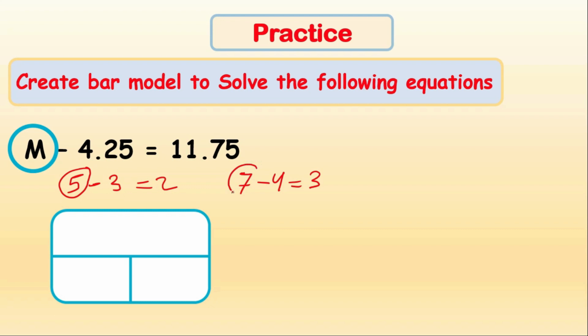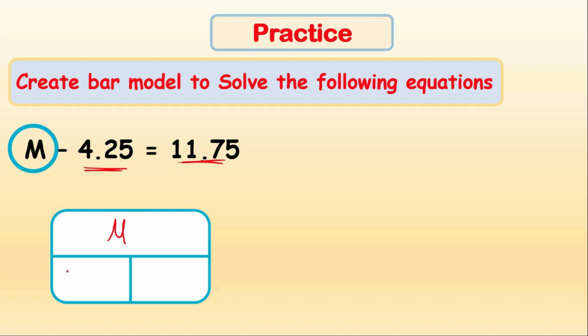So the number before the sign is the greater number. So m, or variable m, refers to the greater number. So write m in the greater part, and the rest of the numbers in the smaller parts.